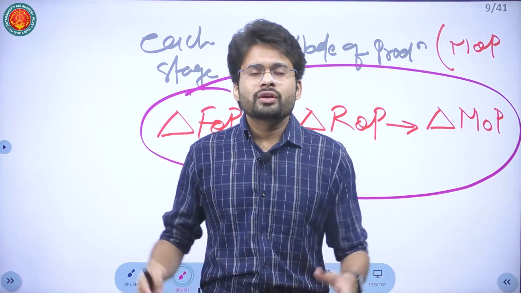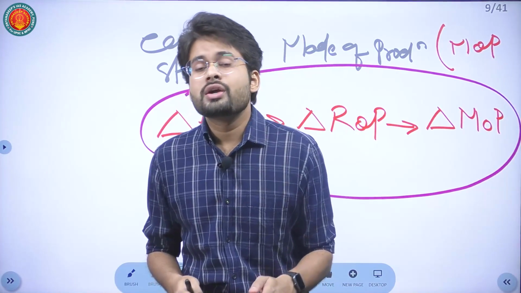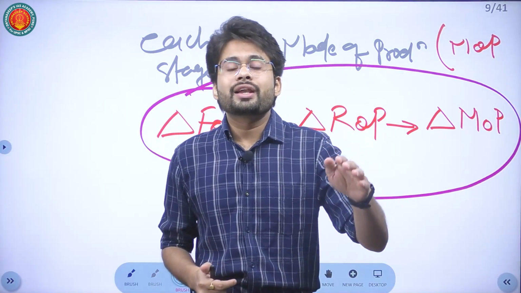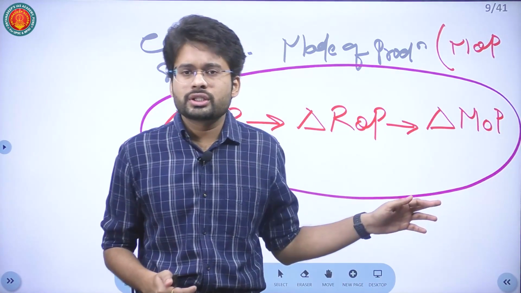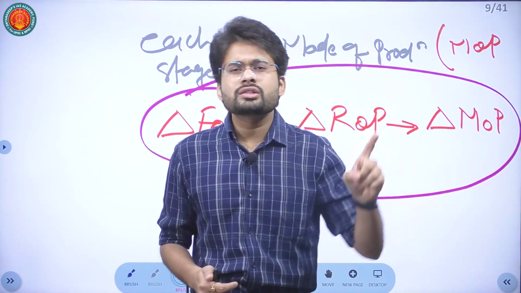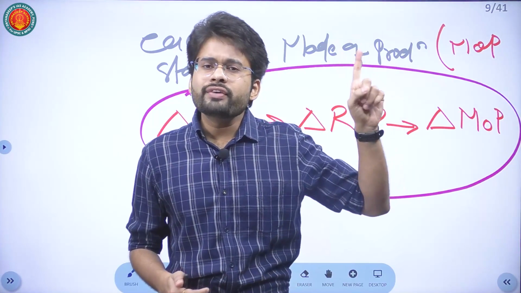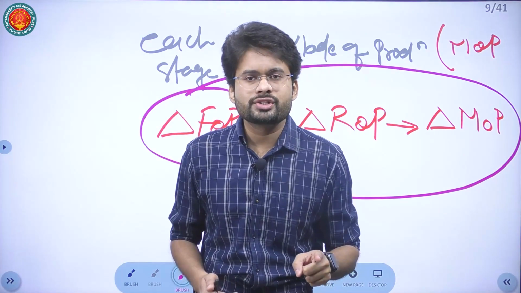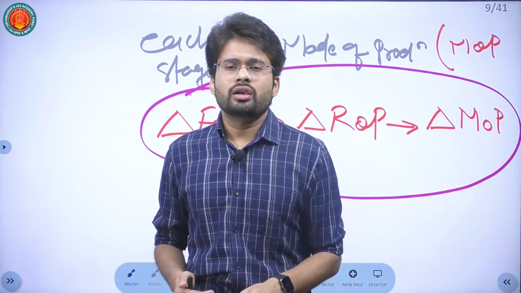Because man, when he started his journey in history, was egalitarian, he was equal. According to Marx, the first mode of production is called primitive communism, where the relationships of production were equal.